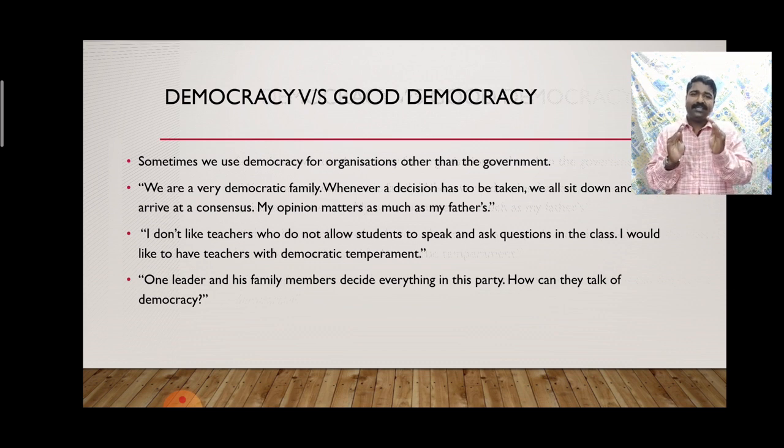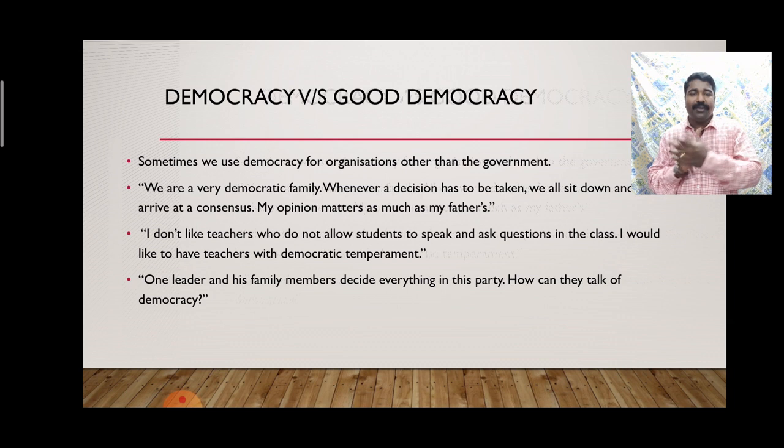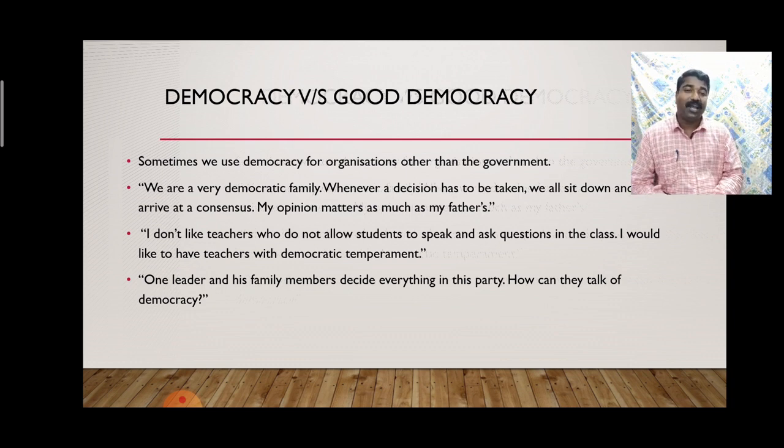They take decisions sitting together and arriving at a consensus by all. Even a small boy's opinion is as valuable as his father's. You can also think about your own family and its decision making processes.